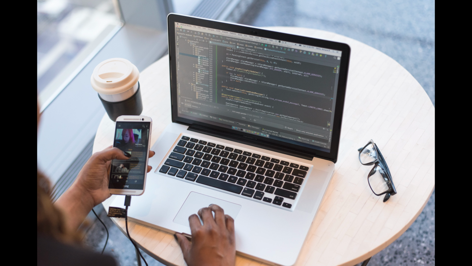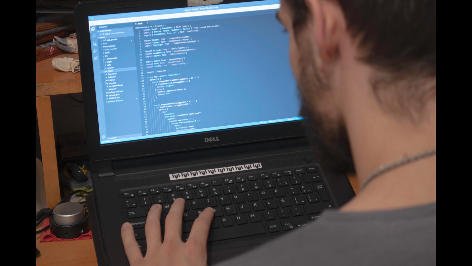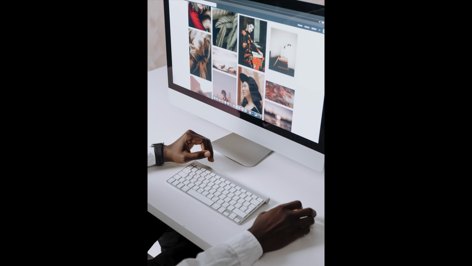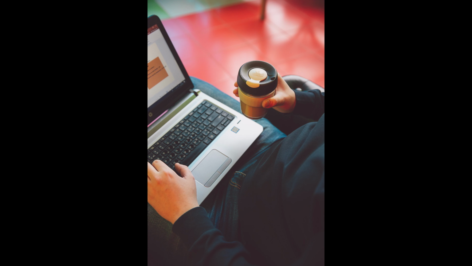Search engine optimization, SEO, is the process of improving the ranking of a website on search engines like Google. SEO is important because it helps to improve the visibility and accessibility of a website, which can lead to increased traffic and potentially more business. There are many different factors that can influence a website's ranking, including the quality and relevance of the website's content, the structure of the website, and the number of external links pointing to the website.